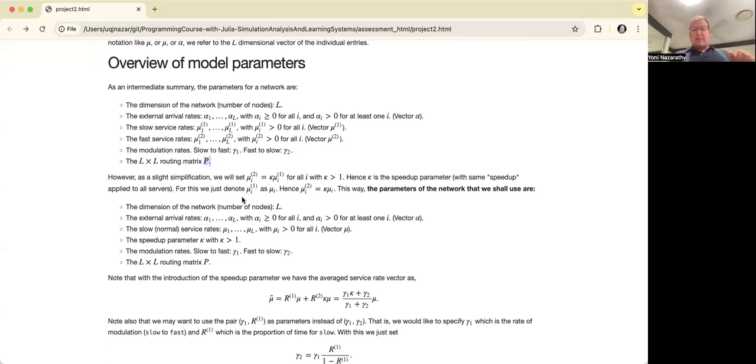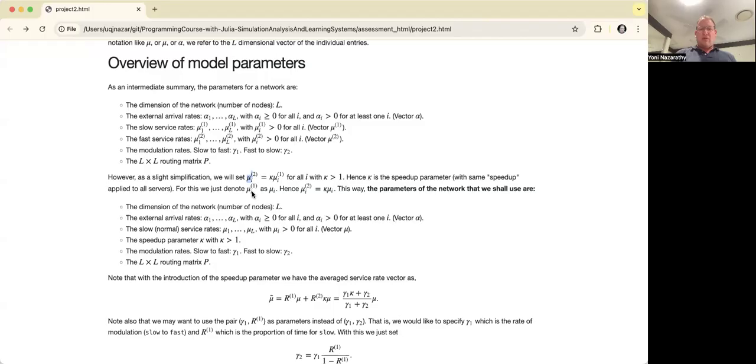But just to make things a bit simpler, what we'll do is set mu i2 to be kappa times mu i1. So kappa is greater than 1, and we call kappa the speed up, right? So if kappa is 2, it means that the fast rate is twice as fast in comparison to the slow rate. So when we do this, then we don't have to use these superscripts 1 and 2.